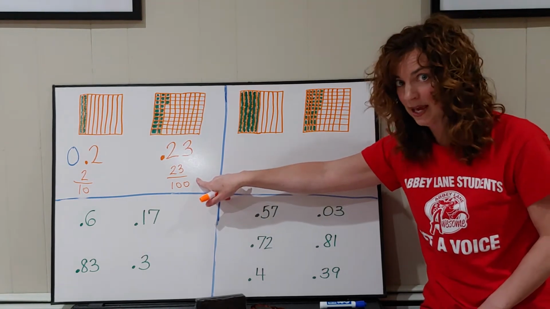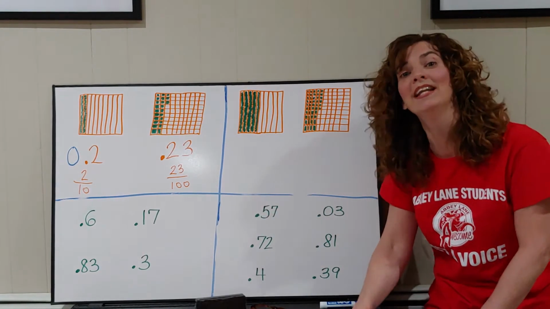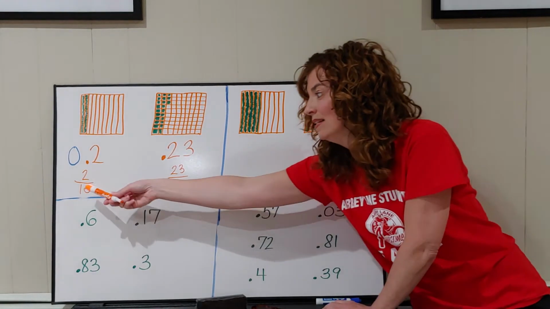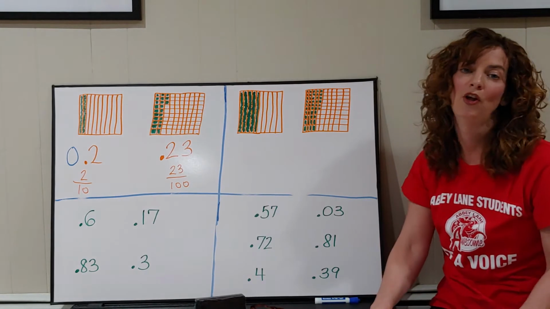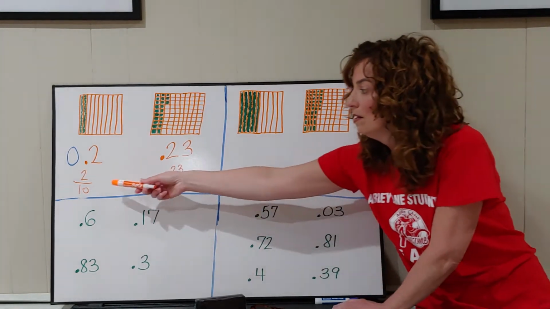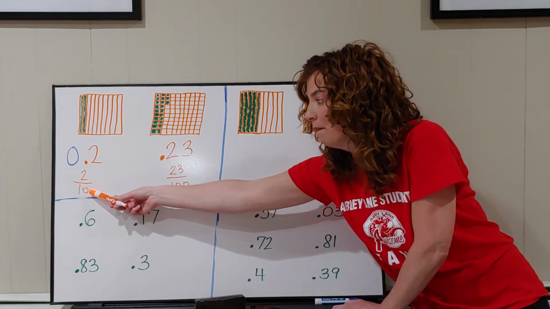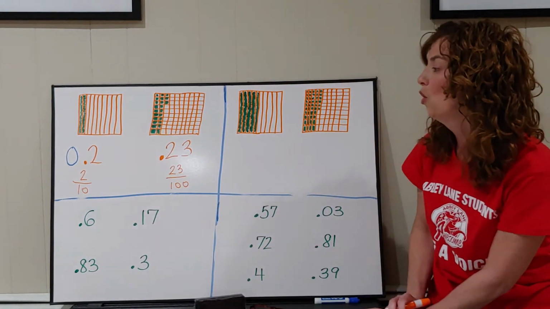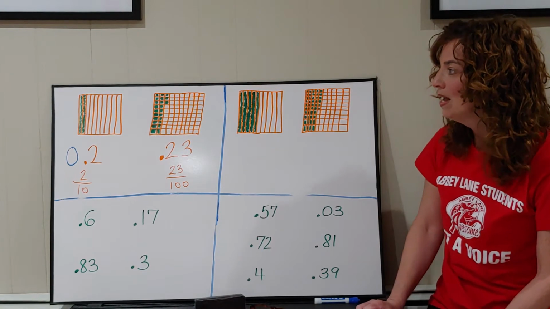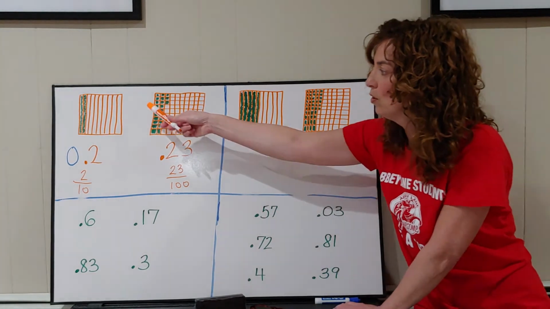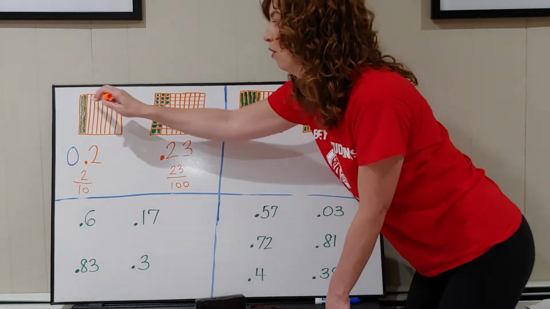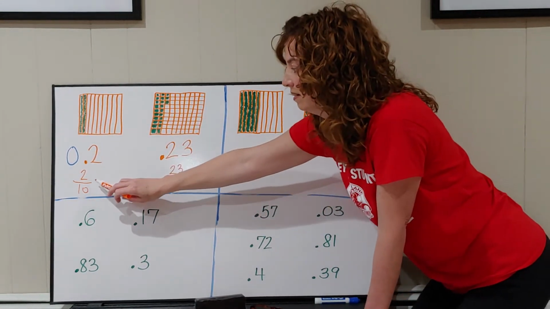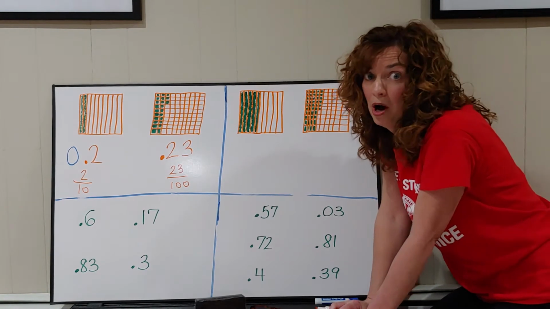This chocolate bar is the same size, but this one's divided into 100 pieces. So are the pieces the same size as these pieces? No, they are not. Remember, the smaller the number, the bigger the piece. So we have to compare these the same way. If I were to draw lines going across like this, could I turn this into hundredths?